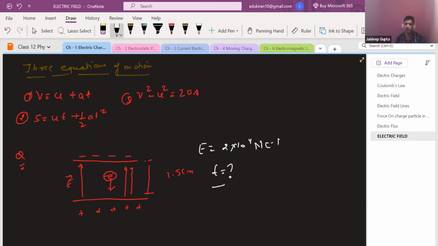Three minutes, take your time. Do, then we will discuss electric field due to a point charge. We will do questions on it also. But try this question.